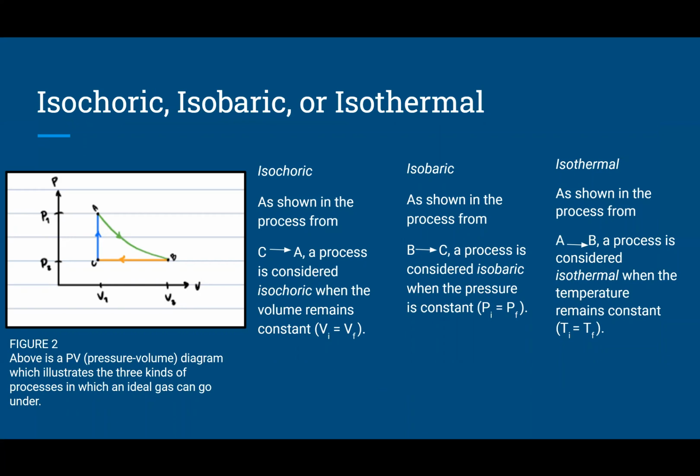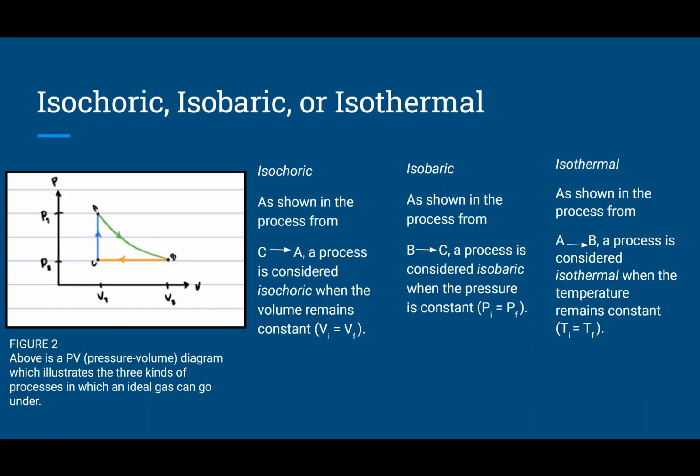First we have isochoric, and that process is shown with the blue vertical line from point C to point A. This process is isochoric because volume remains constant. So anytime you hear the word isochoric, volume remains constant, or you could also say that the initial and final states of volume are equal.